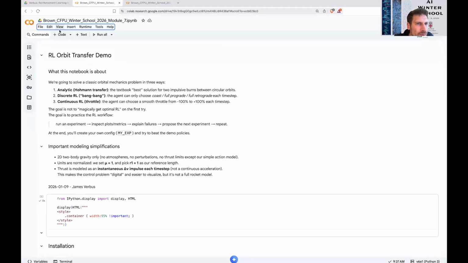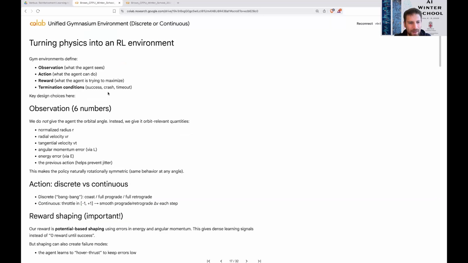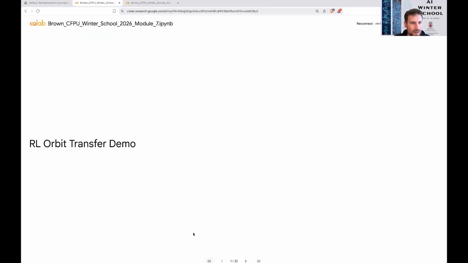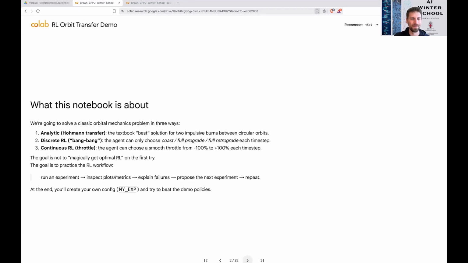And I'm going to experiment here with a slideshow view. I think it is a little bit clearer for folks. So please let me know if you have any problems following. Basically this just allows us to walk through cell by cell in the notebook and have it blown up a little bit more clearly.